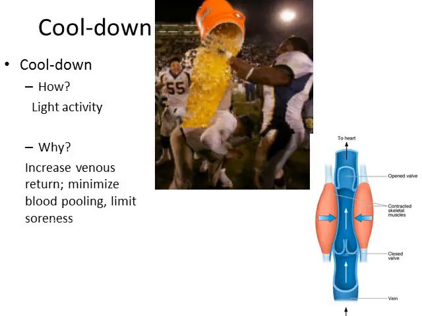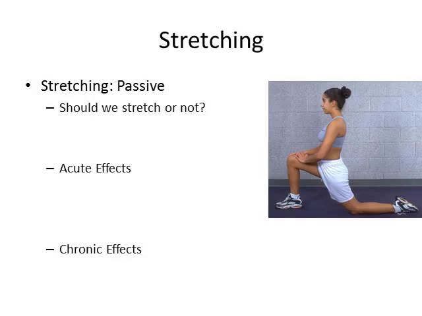And so obviously that active cool down helps with venous return, minimizes blood pooling, which is going to help with limiting soreness. The more blood pooling we have, the more soreness we have, because you get all those inflammatory cells, those immune system cells just kind of stuck out in that space, and they cause more inflammation and more soreness. So that's the recommended cool down.